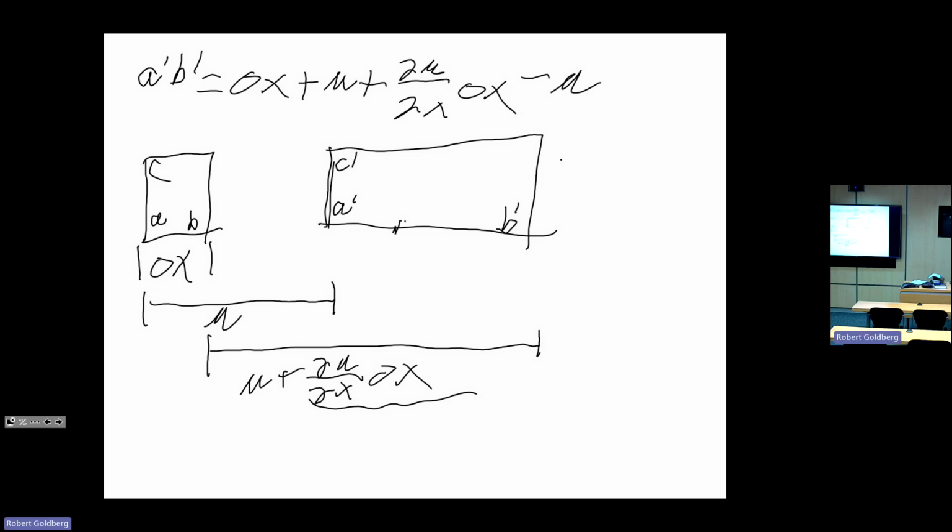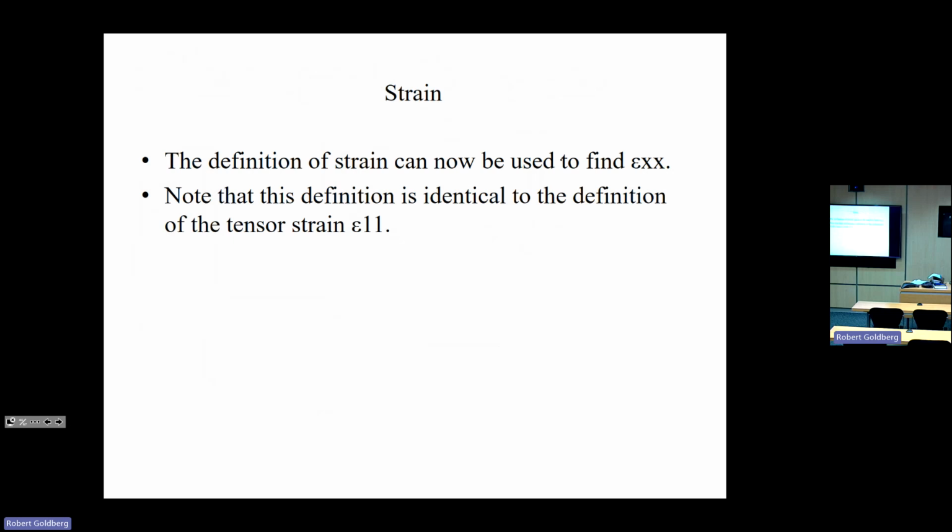So given all this, we can take our definition of strain to find the strain in the x direction. We know that the strain in the x direction is equal to A prime B prime minus AB divided by the distance AB.